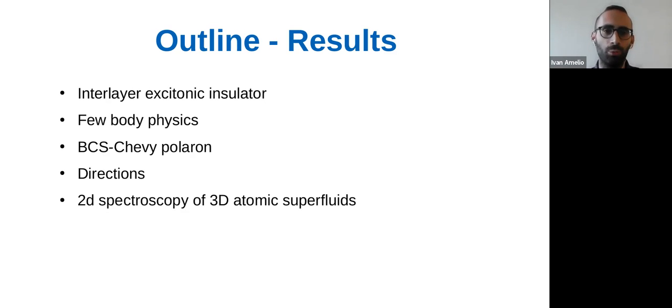And then really to build the Polaron spectra, one can use a Chevy-like Ansatz on top of some BCS bath. Okay, after discussing possible ideas for the future, I would also like to tell a couple of words about some spin-off of this work with some application to 3D atomic superfluids.